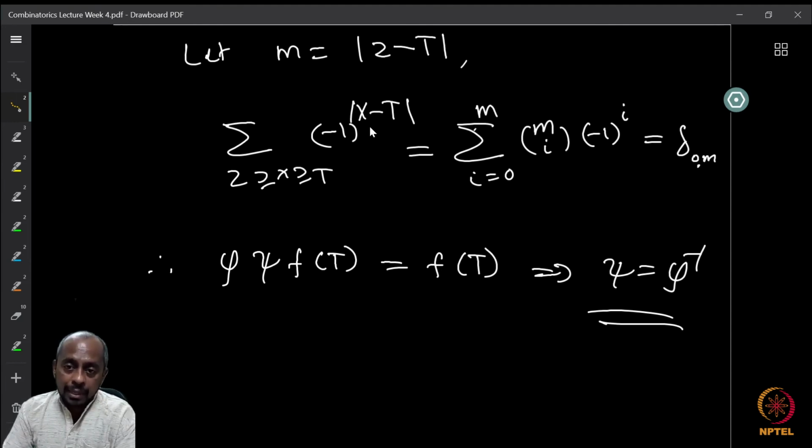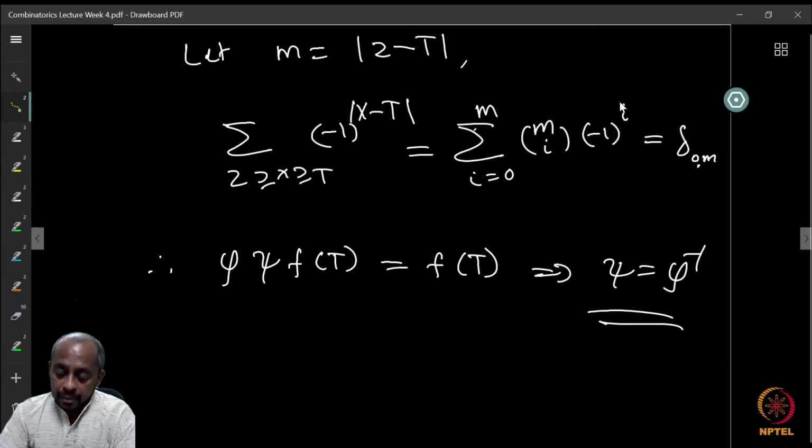So now we count according to the cardinality of the set that we are considering, the cardinality of x minus t. Then we can say that this is the summation over i equal to 0 to m of m choose i, because there are precisely m choose i ways to select an i element set in this case, times minus 1 raised to i.